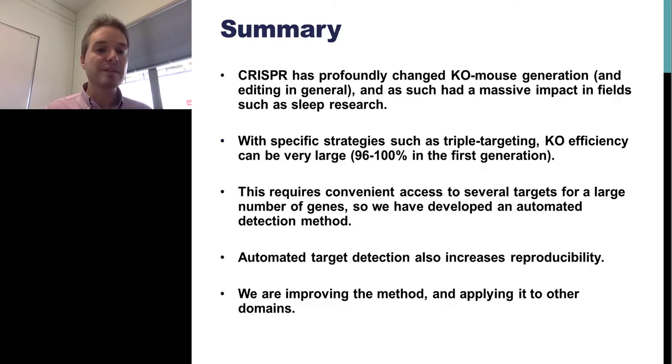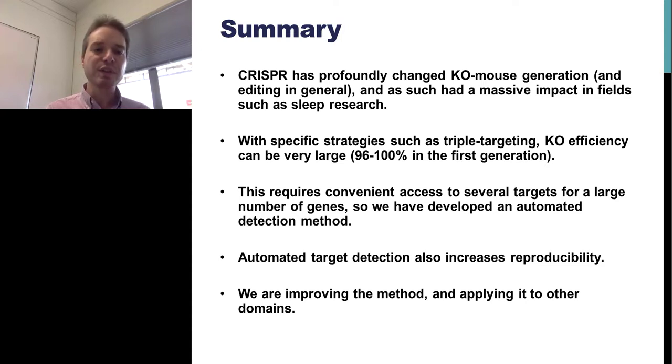So in summary, because CRISPR is easy to use and offers, in theory, high efficiency, it has completely changed the way knockout lines are produced in mouse research. And of course, it changed editing as a whole. It's really changed how people in the circadian or sleep fields are working.